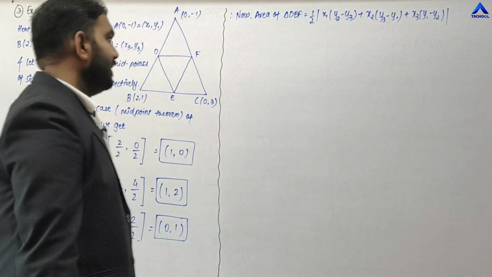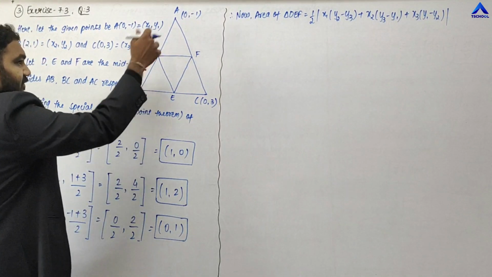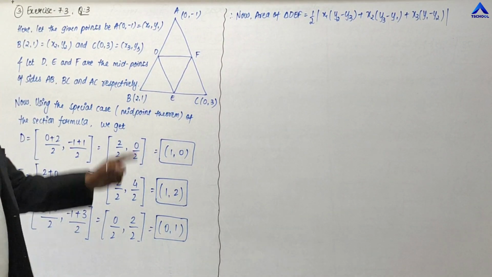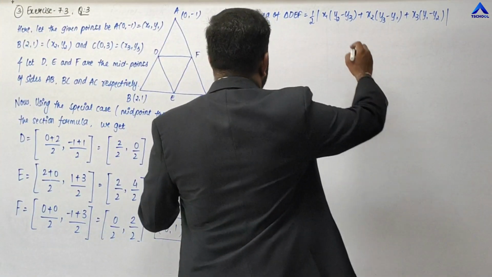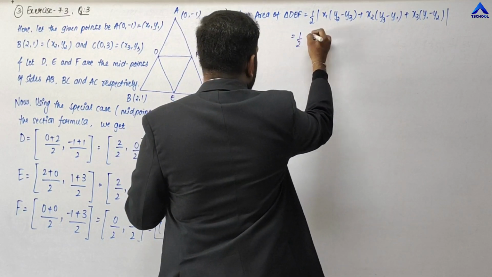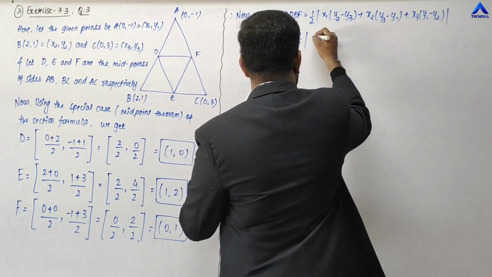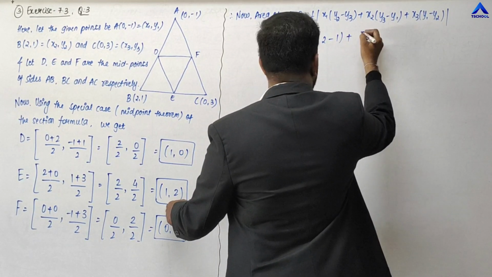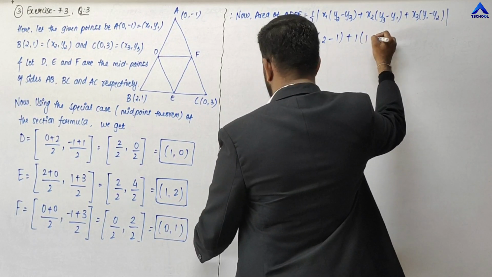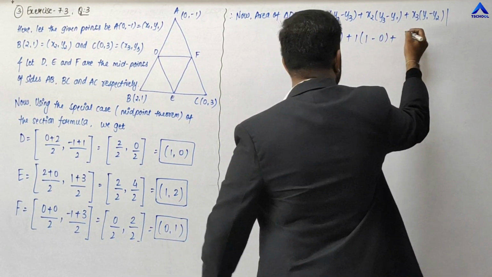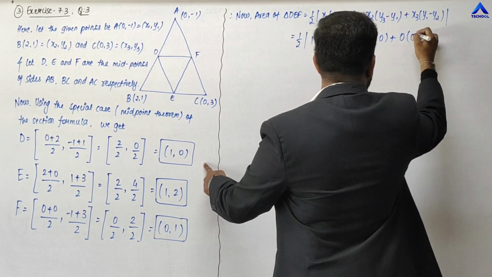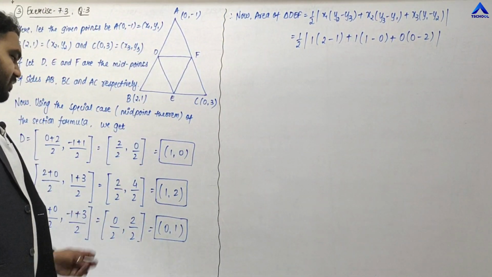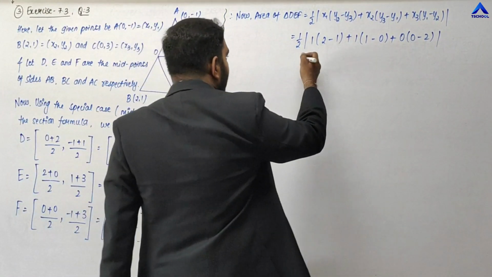Okay, so we will take the coordinates of D here for this formula as x1 y1, E as x2 y2 and F as x3 y3. So that is equal to half modulus x1, that is 1, into (y2 minus y3, that is 2 minus 1) plus x2, that is 1, into (y3 minus y1, that is 1 minus 0) plus x3, that is 0, into (y1 minus y2, that is 0 minus 2). See friends, there are so many zeros, ones and twos, so be aware of putting the values.